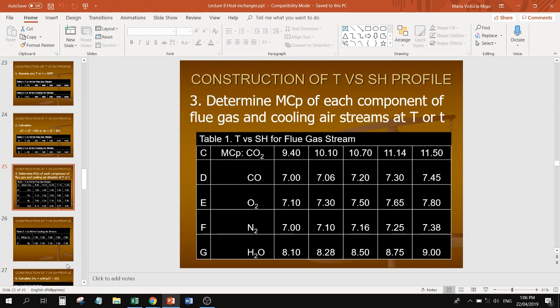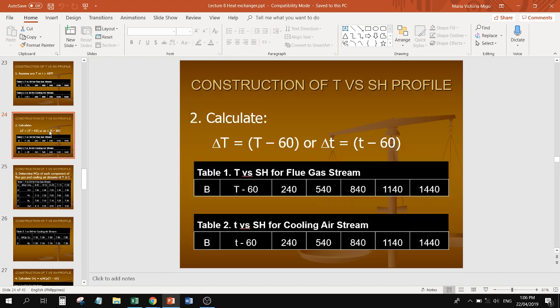What we have here is actually not the composition of the flue gas, but the MCP readings using the graph that I gave you. These are values that you can read off from the graph. This is at 300 degrees Fahrenheit.